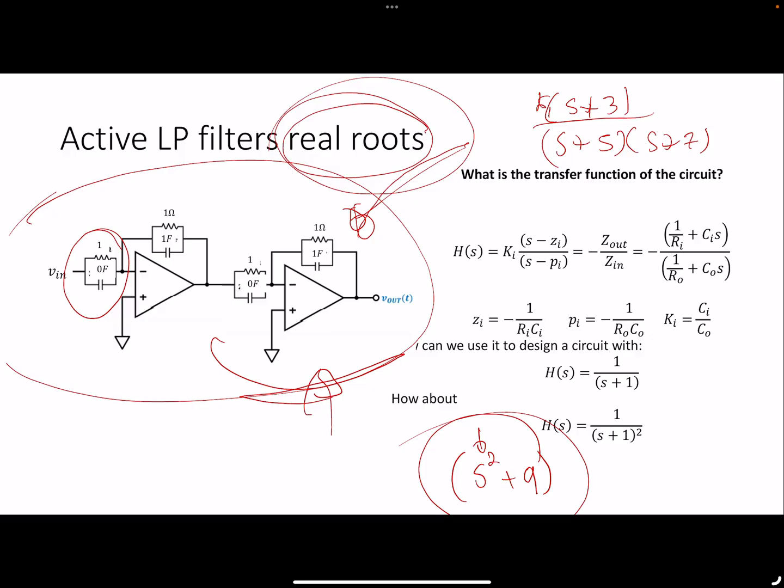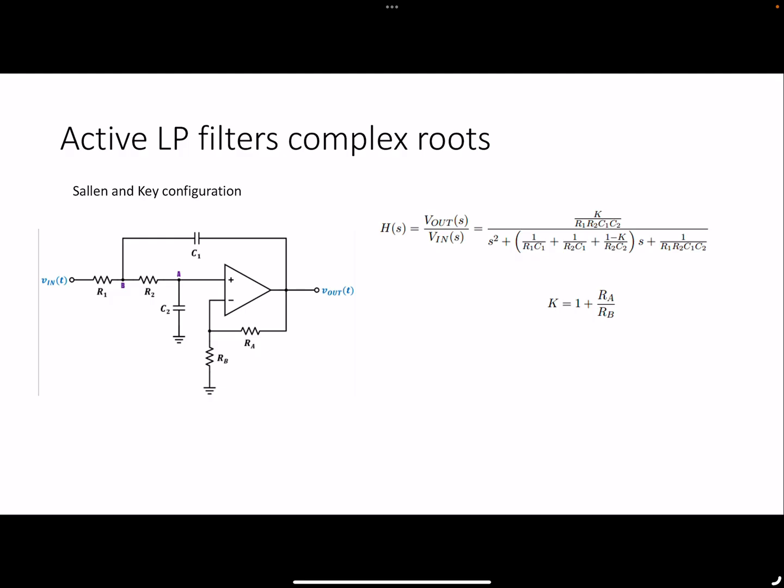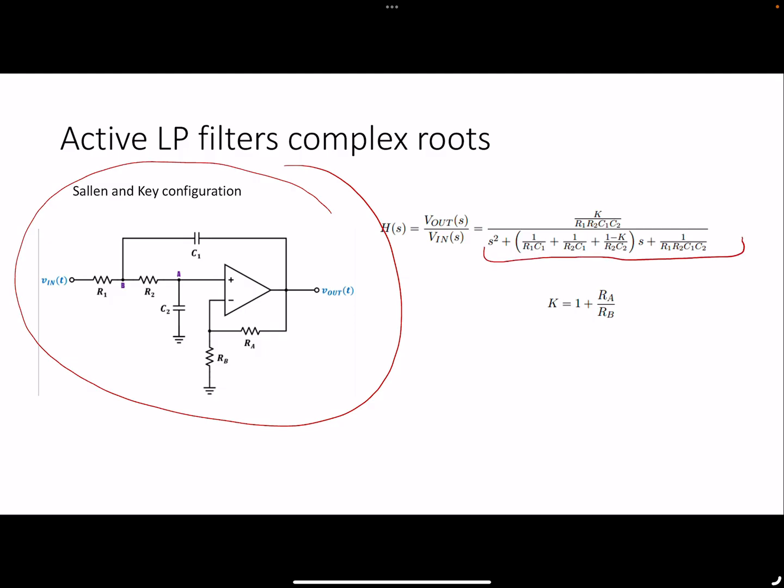For those, what people will use is what we call the Sallen-Key configuration, which looks like this. So this allows us to implement any arbitrary second order polynomial in the denominator, which takes care of the case where there's complex poles.